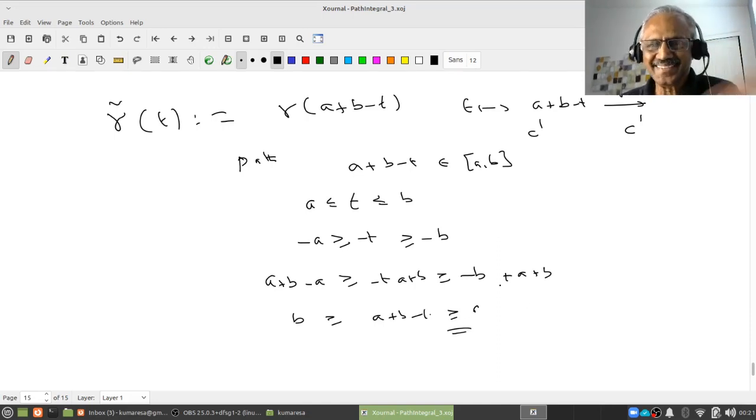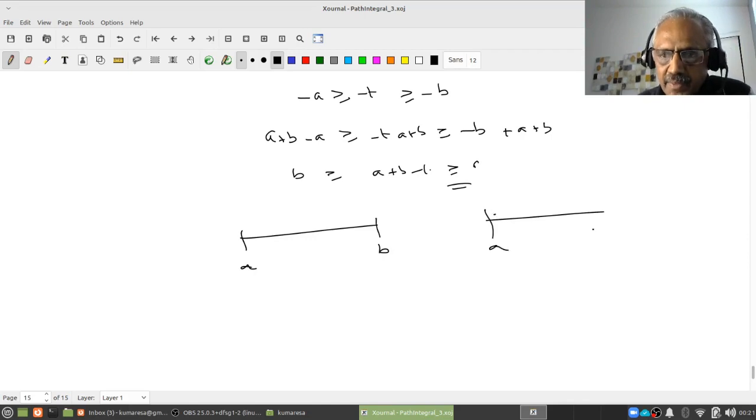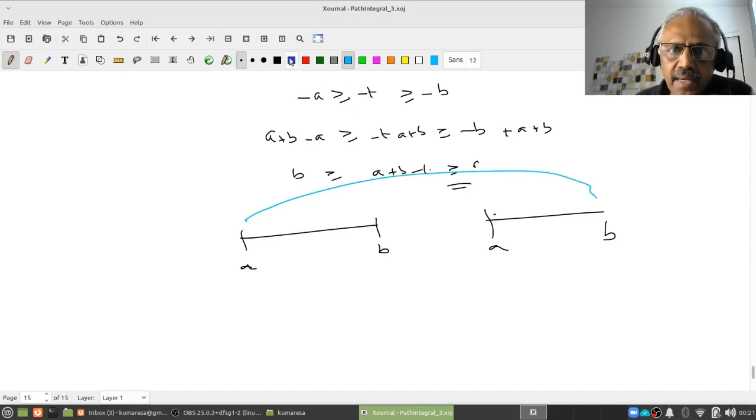Just assume this. Now there is another way of getting the formula. I just want to teach you how to think, not just memorize the formula and verify it works. Now what I want is a map from [a, b] to [a, b] again, where a should go to b and b should go to a.